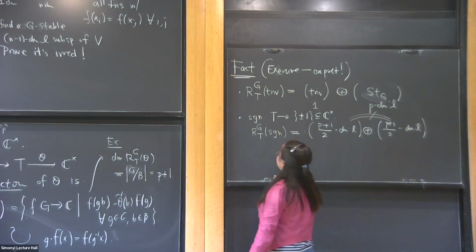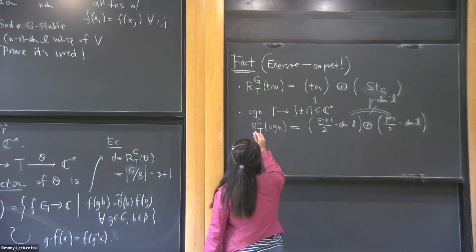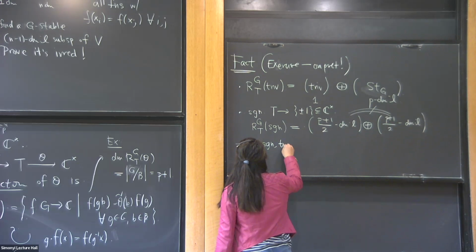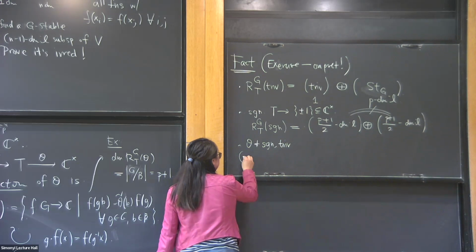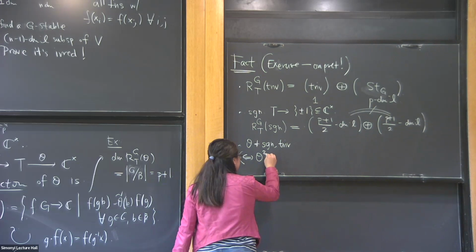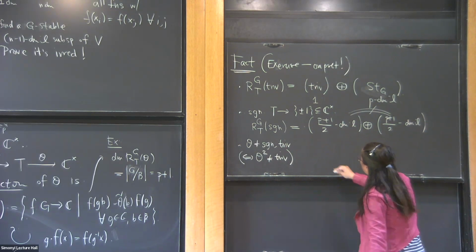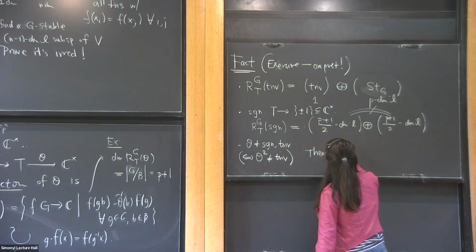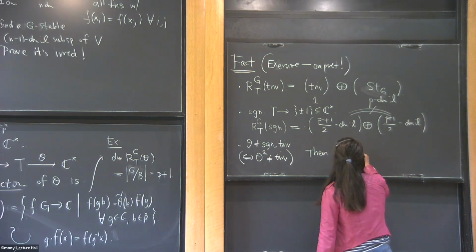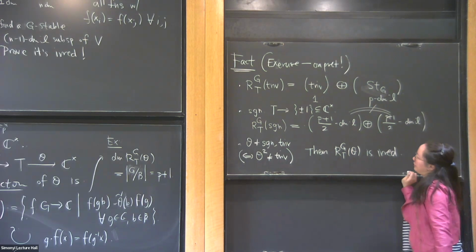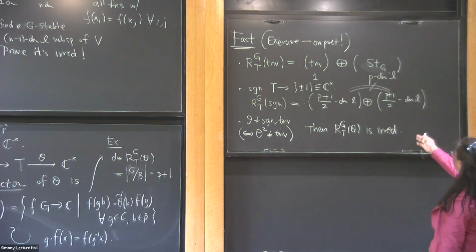So this one is a little bit tricky, but the rest are actually easier. If theta is not sign or trivial, and this is the same condition as saying that theta squared is not trivial, then RTG theta is irreducible. Okay. So this is our list.